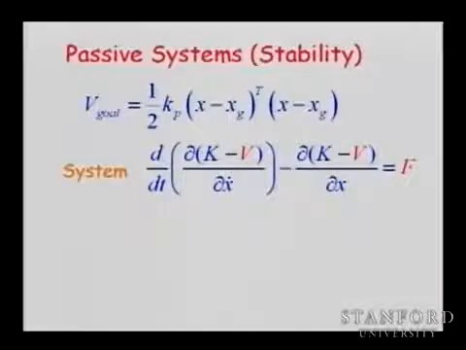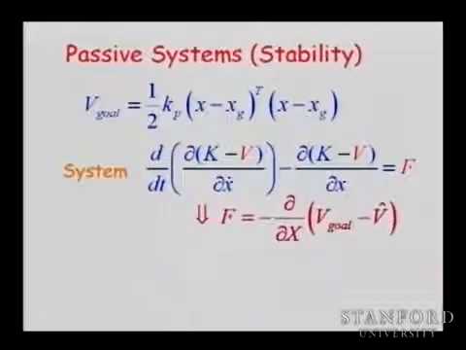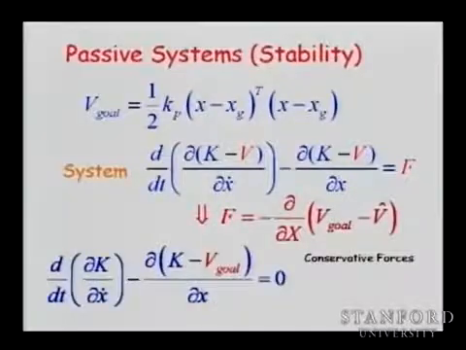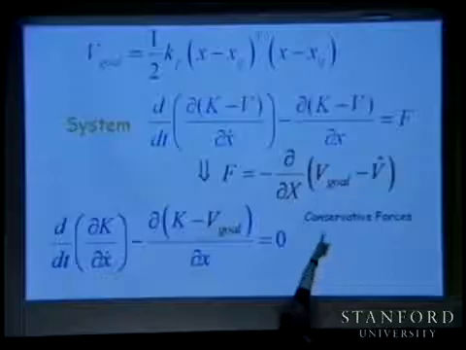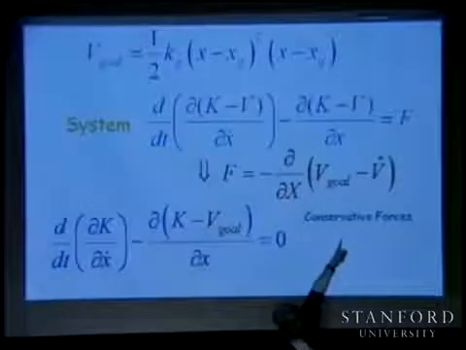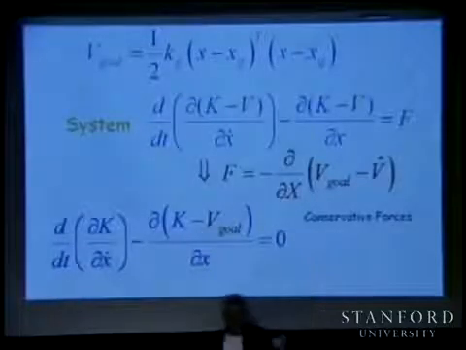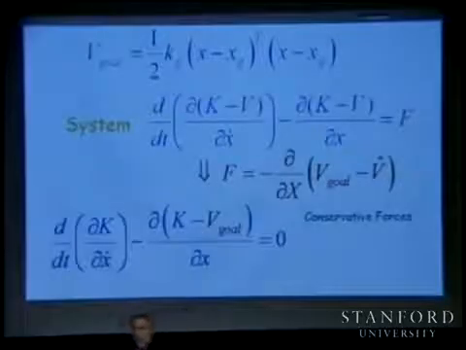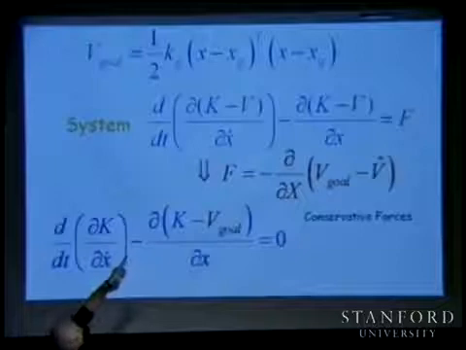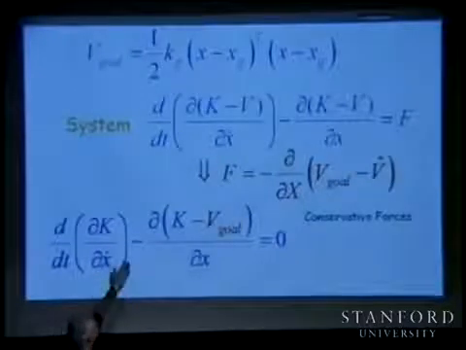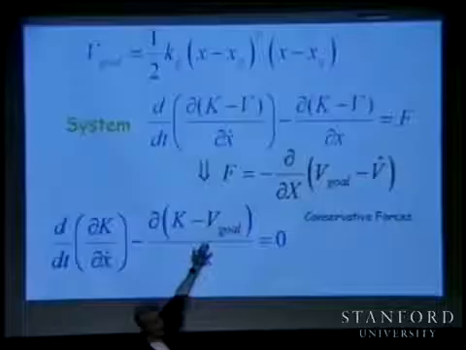So if you take this force and say this is my force, it's a gradient of this potential energy, the result is this. Essentially, what I did in addition, I made an estimate of the gravity V. So I put in my gradient some estimate V hat of the gravity. So I'm compensating for the gravity. So what happens is the initial system that was K minus V is now transformed into K minus V goal.